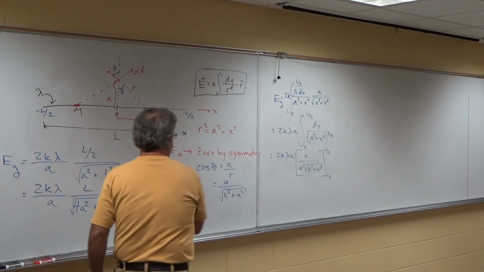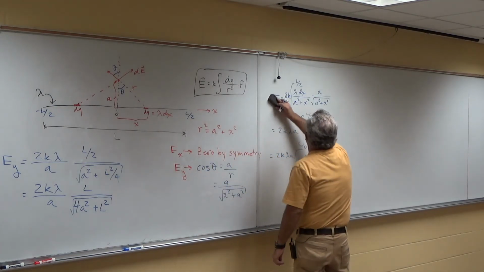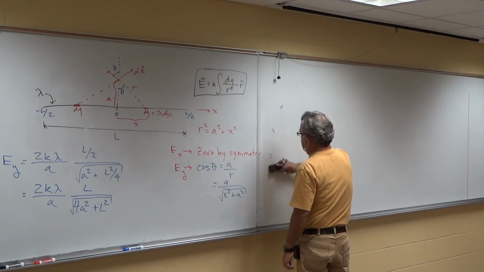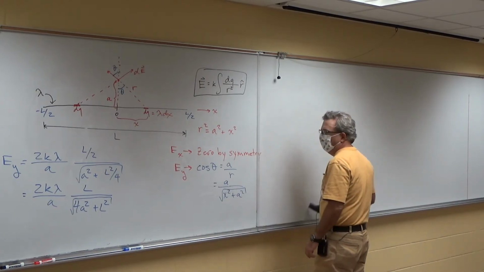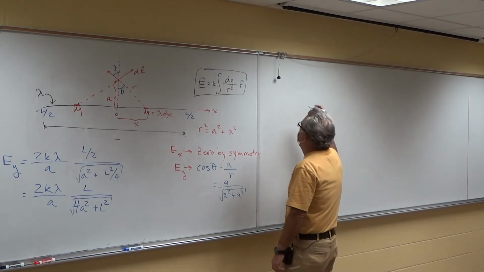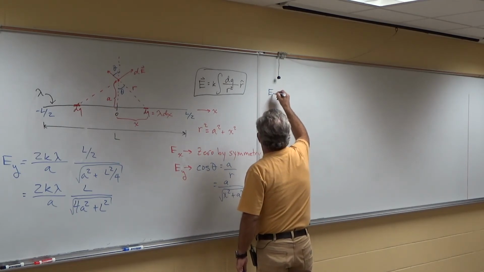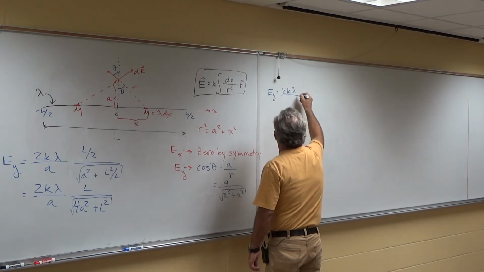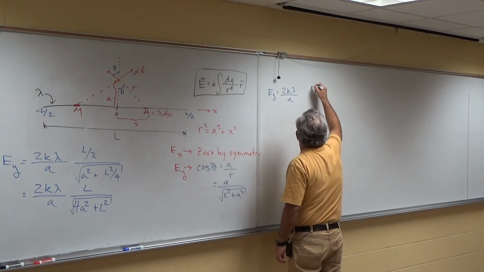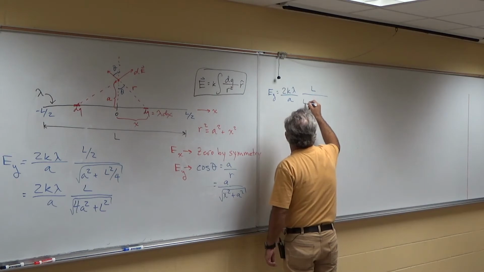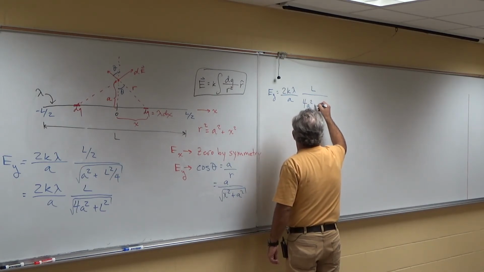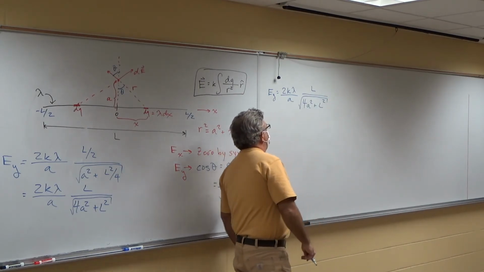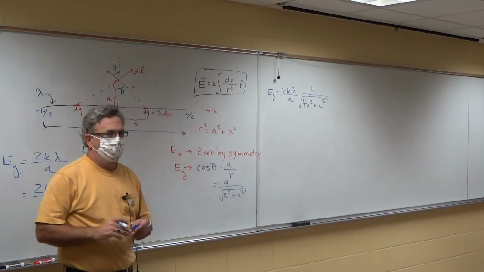I'll rewrite it up here because I want to do a little bit more with it. So E_y is equal to 2k lambda over a times L over the square root of 4a squared plus L squared. Okay. That's it.